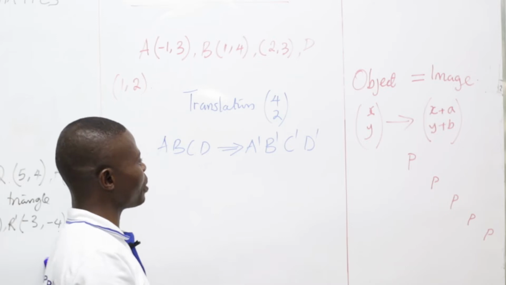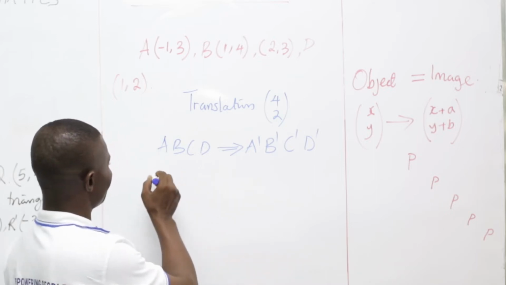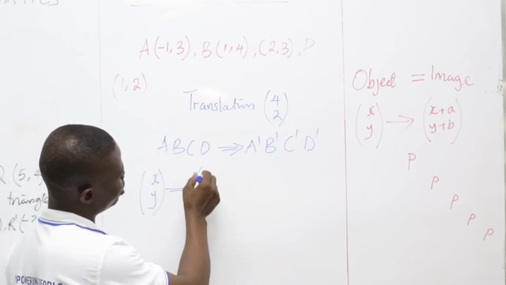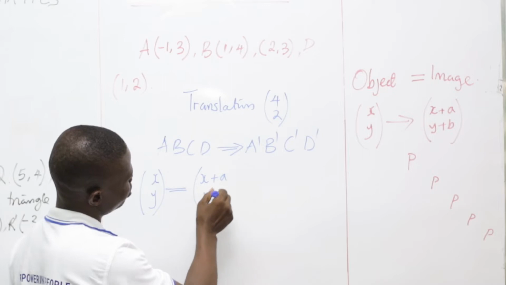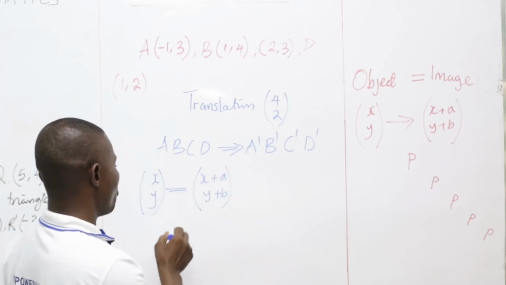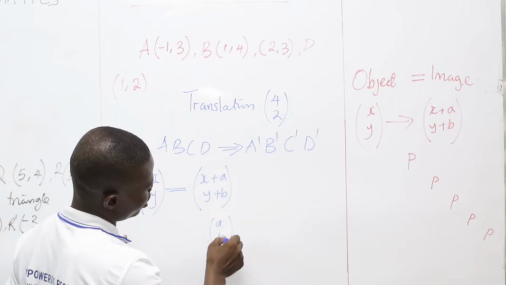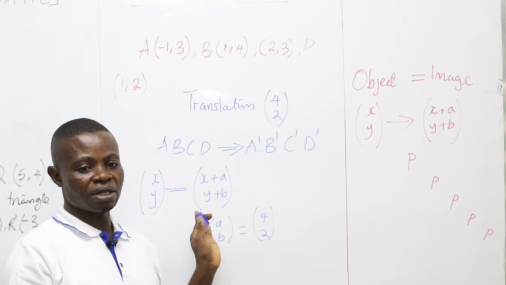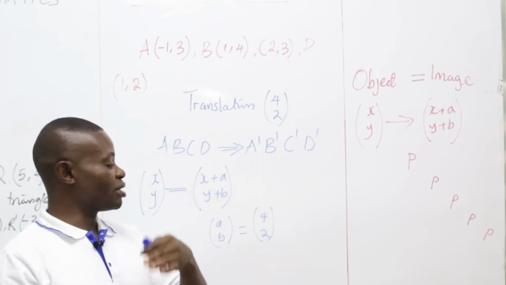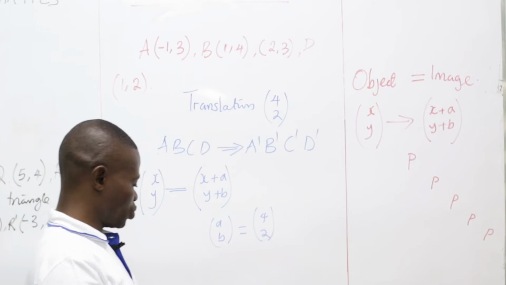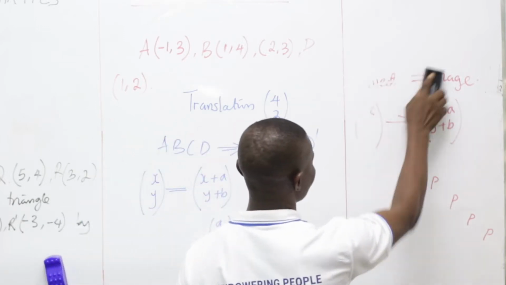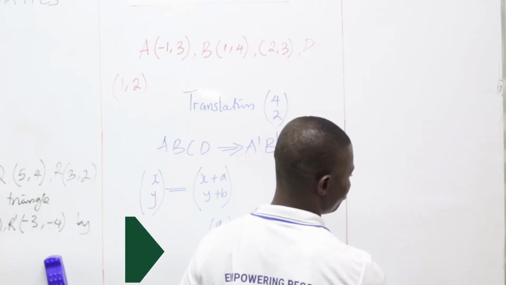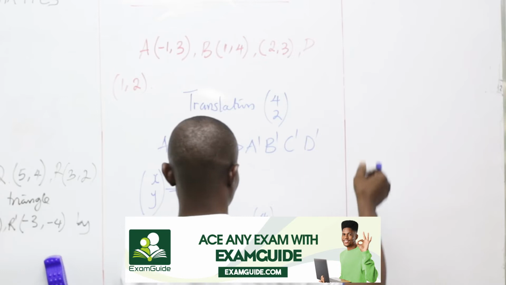Now let us apply our formula for translation. Object equals image (x + a, y + b), where (a, b) equals (4, 2). That is the translation. Under the translation (4, 2), to implement this translation together with our object in order to create an image, look at what you have.